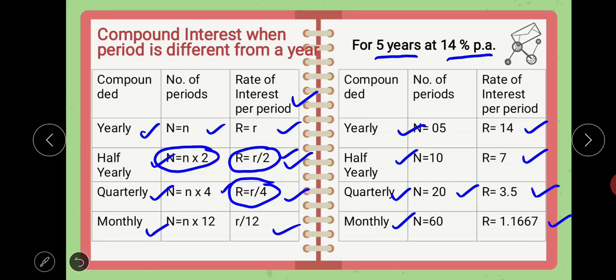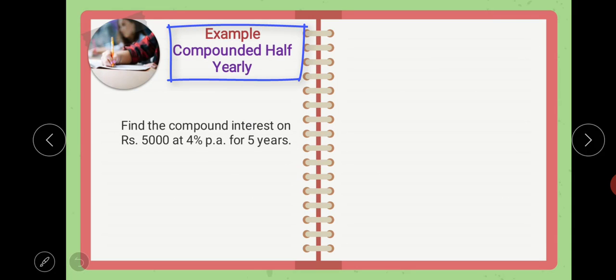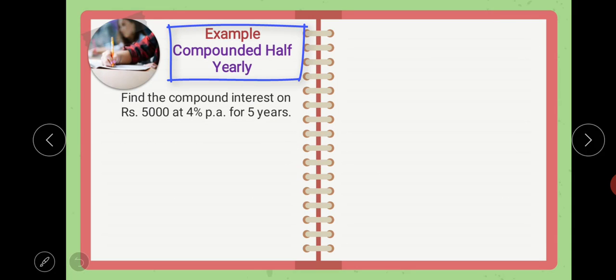Now, we will solve one example on compound interest compounded half yearly. So, we can take a very simple example. It means here we have to calculate the compound interest for compounded period of half year.